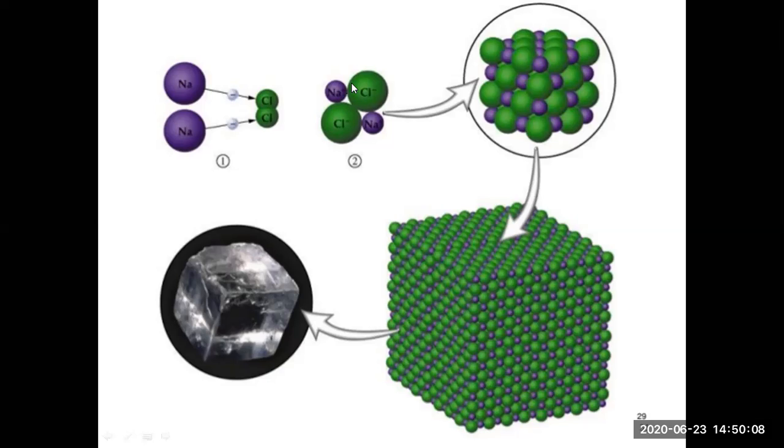Coming together, they get this shape, all around alternately chlorine, sodium, and so on. If you keep adding more and more, they get this arrangement. If you add an equal number of sodium and chlorine, you will get this one, and if you have many more, you will get this.